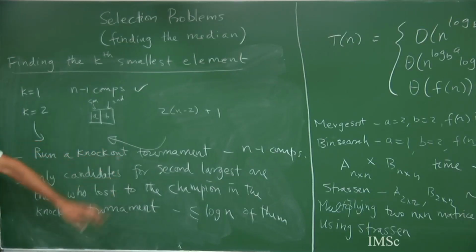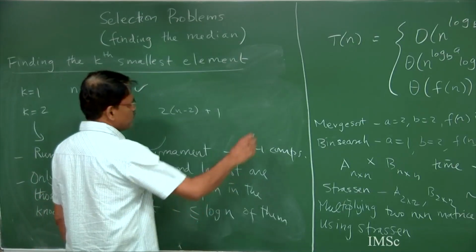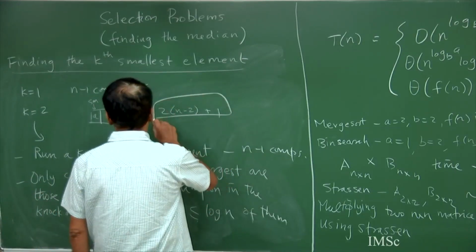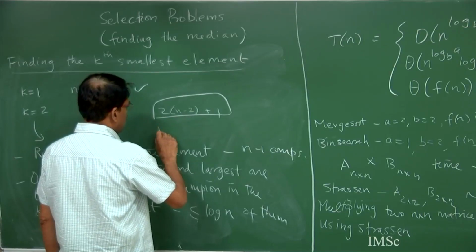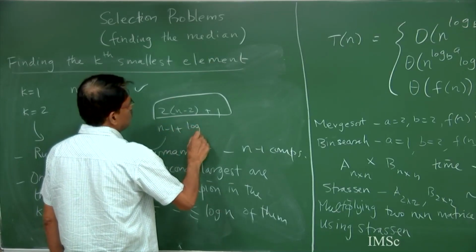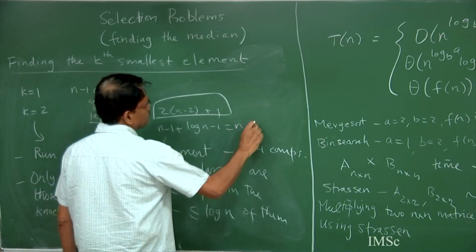And so, now you run another knockout tournament among them, the winner among them will be the second largest, and that is how many more comparisons? Log n minus 1. So, this is very naive, you can improve it to n minus 1 plus log n minus 1.